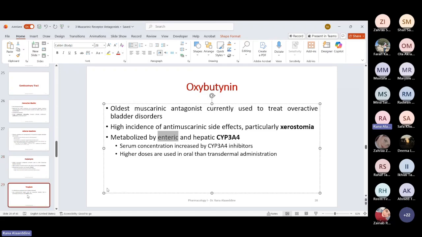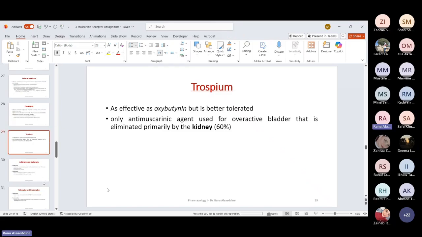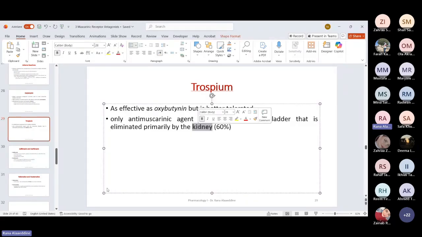Okay. The second one is trospium. Trospium is better than the other drug, and it's usually eliminated by the kidneys. Okay. Guys, why do I need to know this? What do I deduce from this if it's primarily eliminated by the kidney?